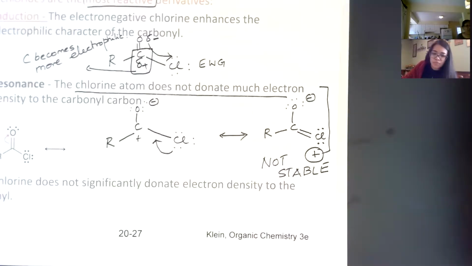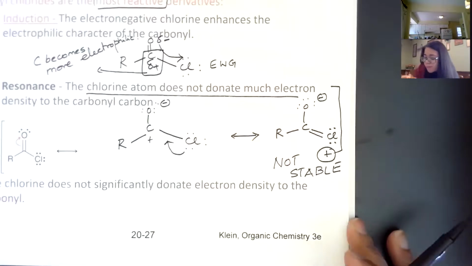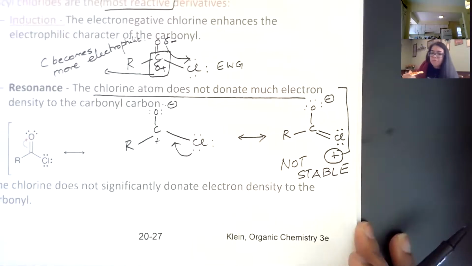Okay, so that's why it says it does not contribute much electron density to the carbonyl carbon. Chlorine is not going to have a positive charge. Okay.